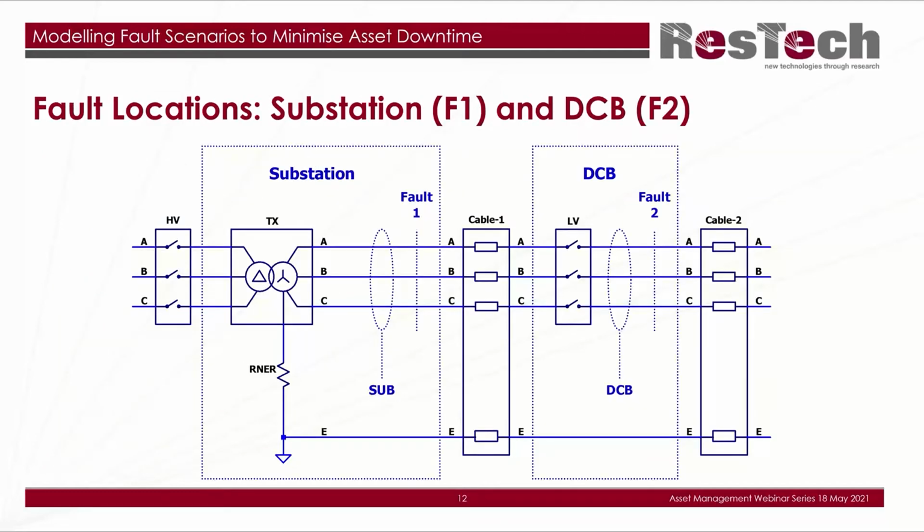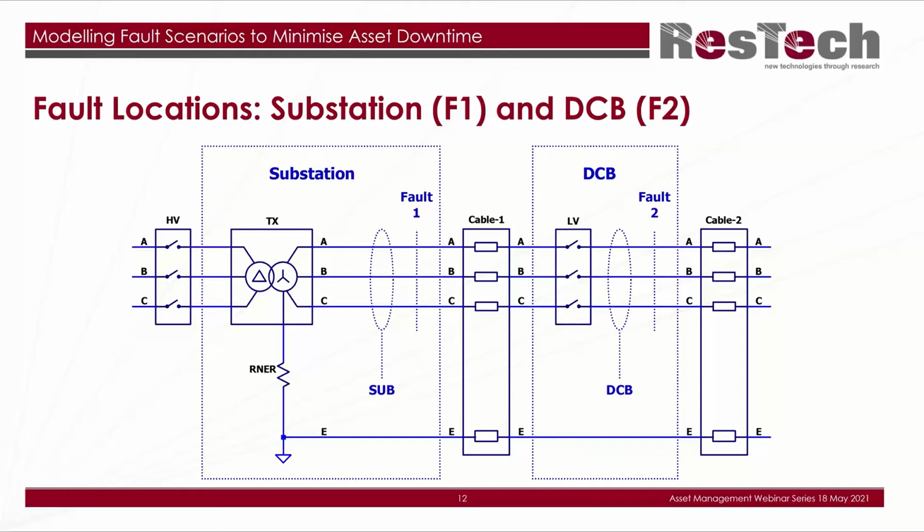So if we just look at our particular simple example, we've identified the two fault locations, fault 1 and fault 2. And we would have noticed in describing those fault types, I've started giving them labels as well, saying this is an earth fault and this is a qualifier for that earth fault.